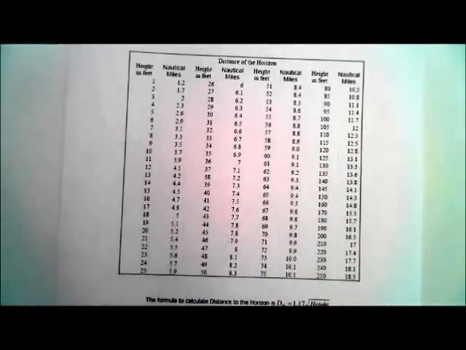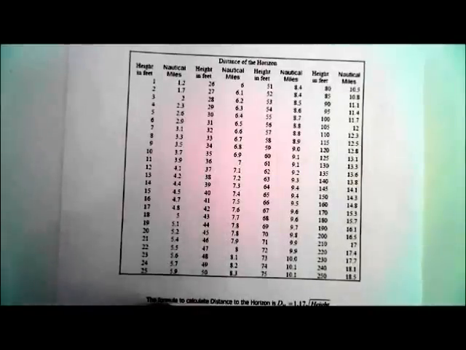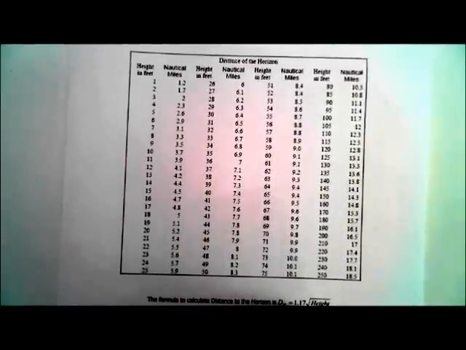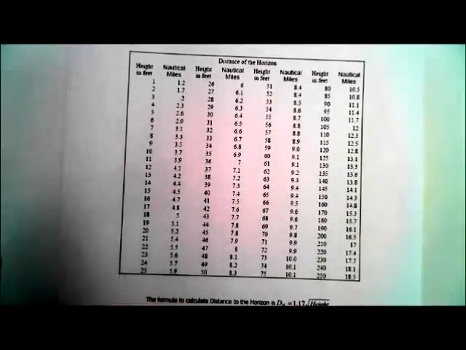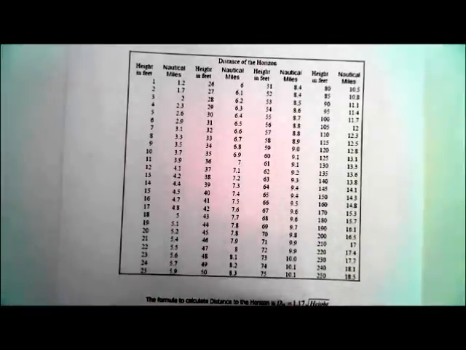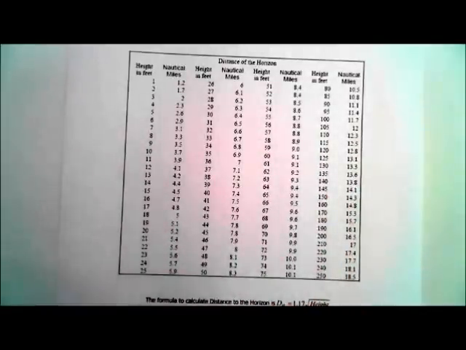So sometimes you have to split the difference. Or you can use the formula to calculate distance to the horizon. DH equals 1.17 times the square root of the height. But if you don't want to worry about that, then don't. If you like numbers, you can use this to get exact numbers here. But you can just estimate them just as well.